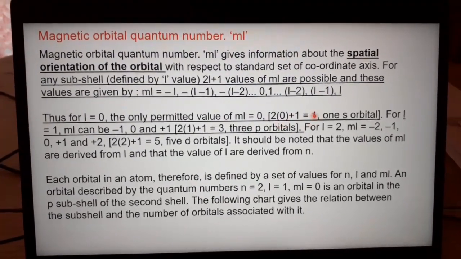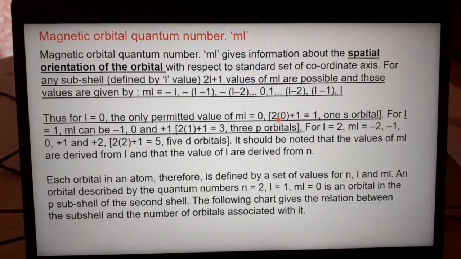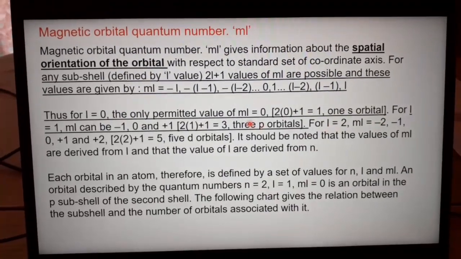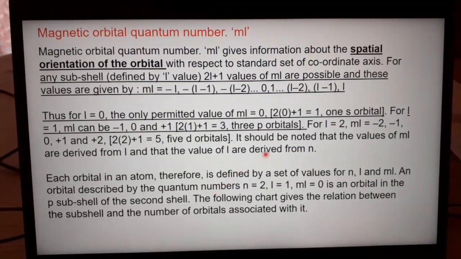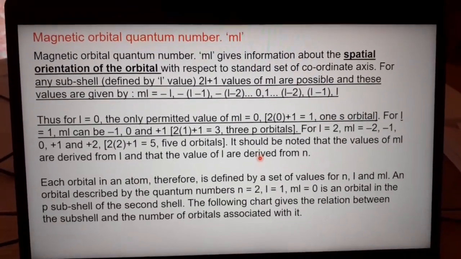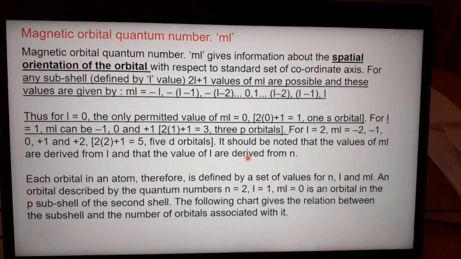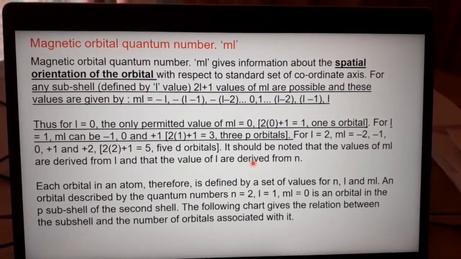So how many s orbitals are there? 2 multiplied by 0 plus 1, we can find 1 s orbital. When l is 1, we can find 3 p orbitals, and so on. Each orbital of an atom therefore is defined by a different set of values of n, l and ml.